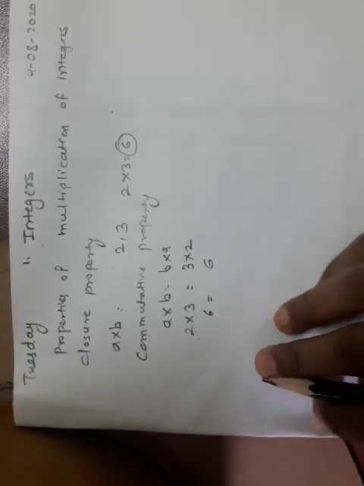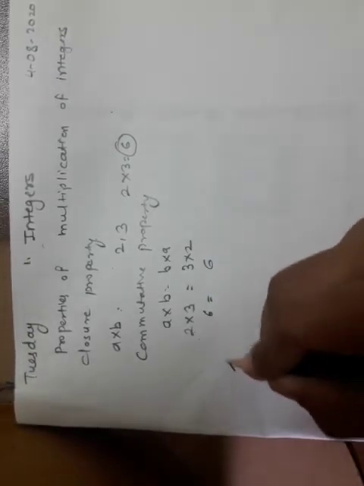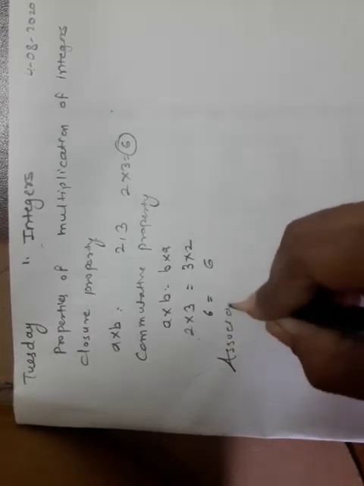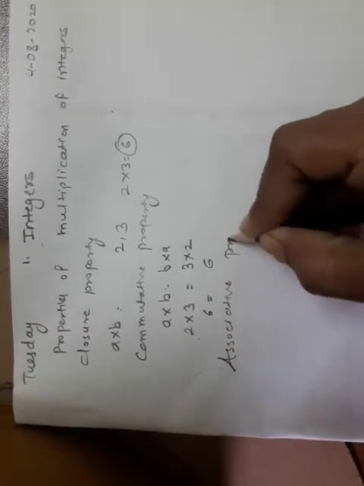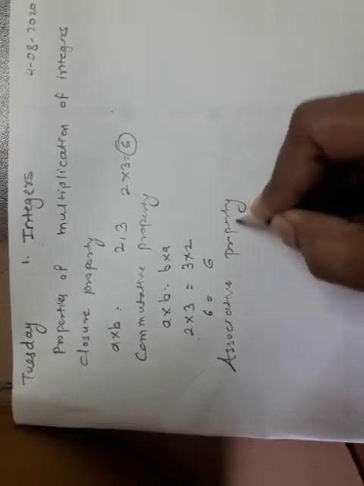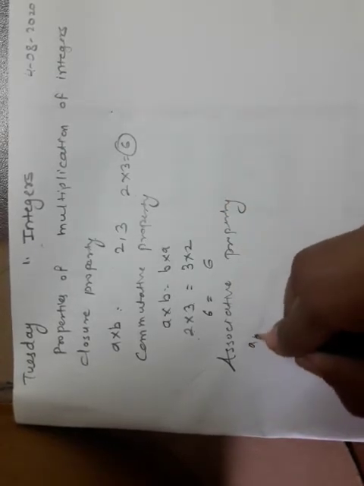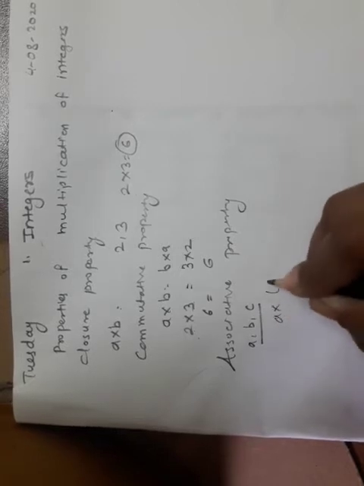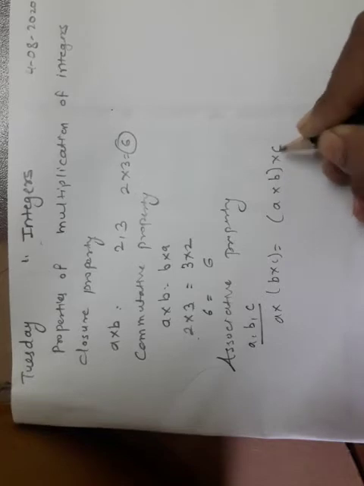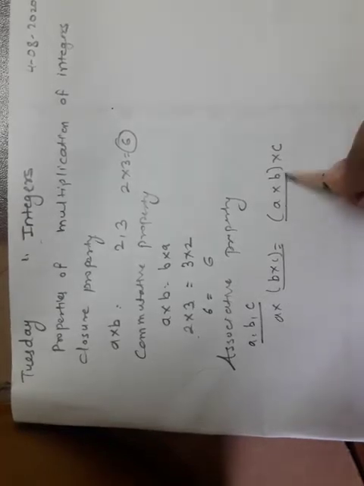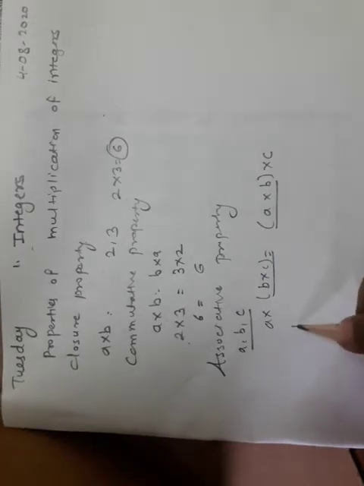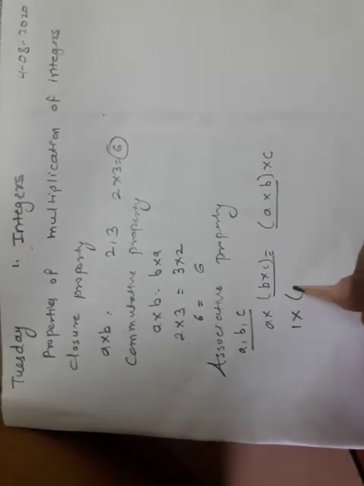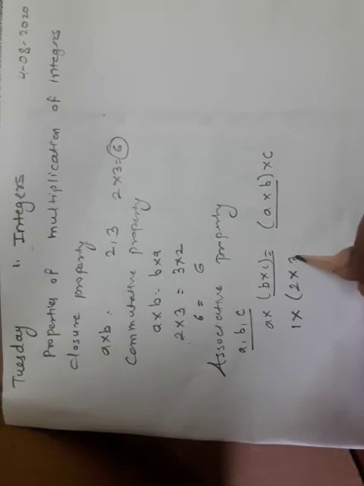Next property is the associative property. What is meant by associative property? If a, b and c are three integers, then (a into b) into c is equal to a into (b into c). We have taken this in brackets, so we have to solve the bracket first. Now we will see one example. If a is equal to 1, b is equal to 2 and c is equal to 3.